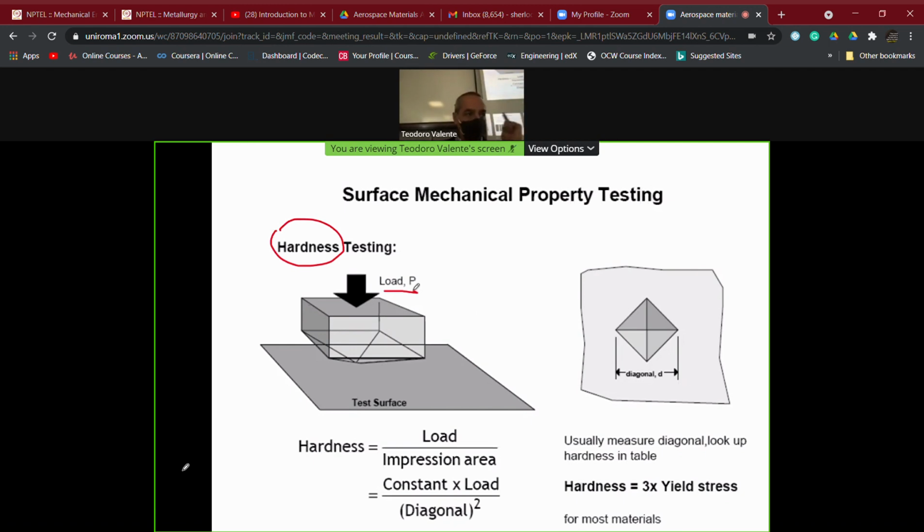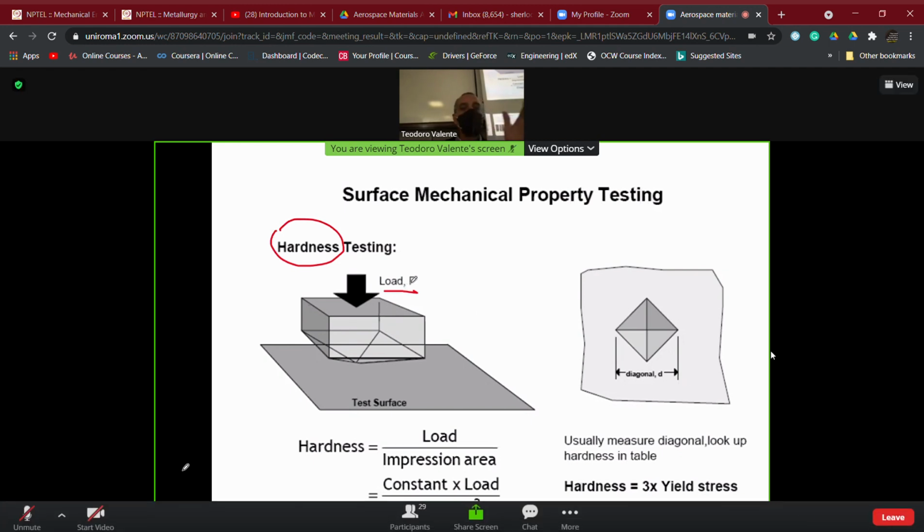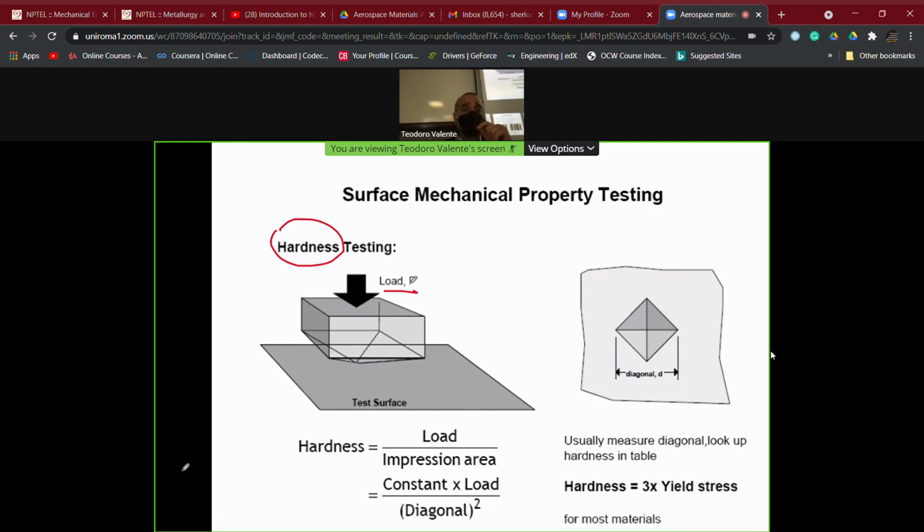Then we can experience elastic and plastic deformation on the surface to a certain depth that depends on the indenter shape and size and on the load applied. So these are two parameters which are very important for us.